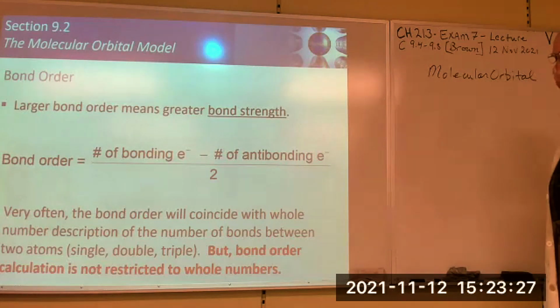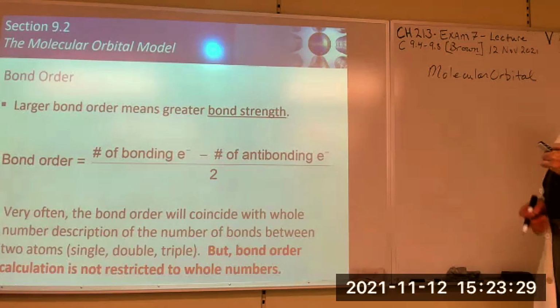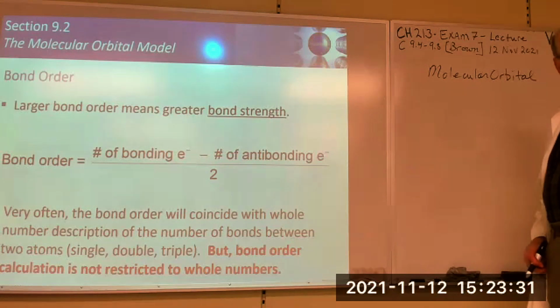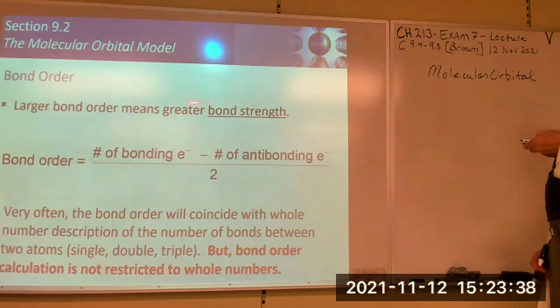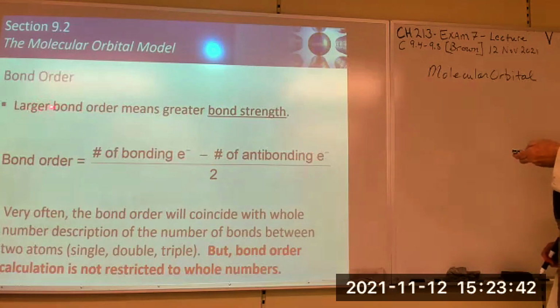The calculation gives you a number, and it doesn't have to be a whole number. It can be a fraction. The larger the number, the stronger the bond. A larger bond order means greater bond strength.